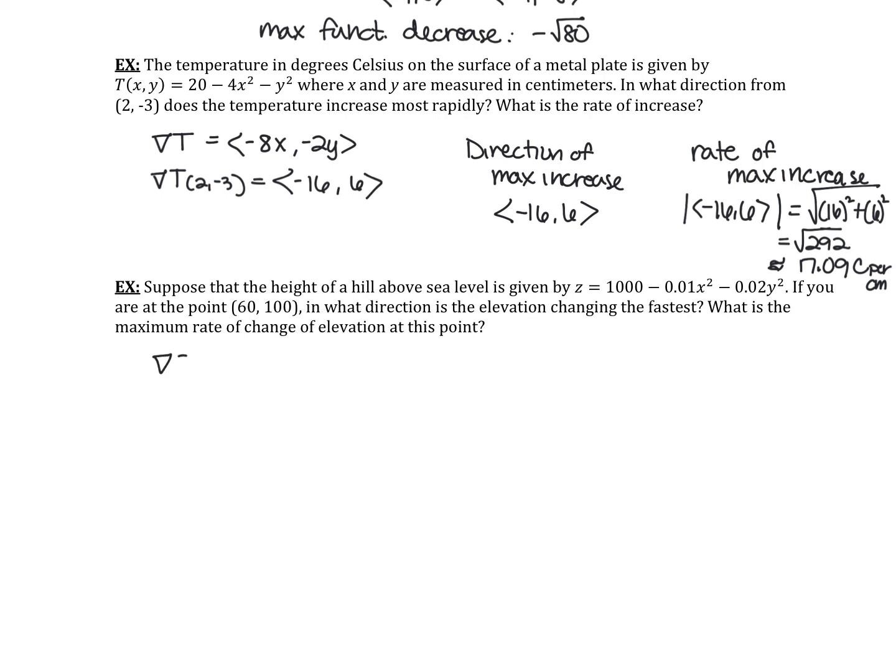Okay, hopefully in doing this gradient, you get the equation negative 0.02x for the x component and negative 0.04y for the y component. And therefore the gradient at the point (60, 100) is equal to (negative 1.2, negative 4). So this is my direction of max increase.